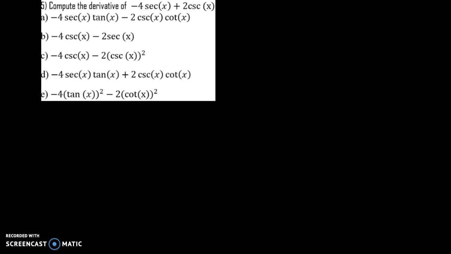Now, computing the derivative of trig functions, you have no choice. You have to have these memorized. There's no way around it. Just go right at it. This is probably one of the quicker problems. You've got a coefficient that doesn't get touched. Derivative of secant is secant tangent: secant of whatever is inside the parentheses, tangent of whatever is inside the same parentheses. That's the derivative of secant. And we're going to add the derivative of cosecant.